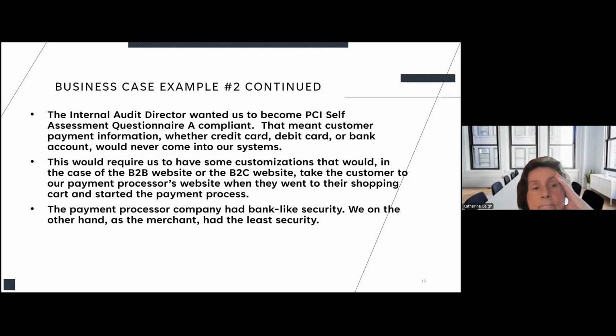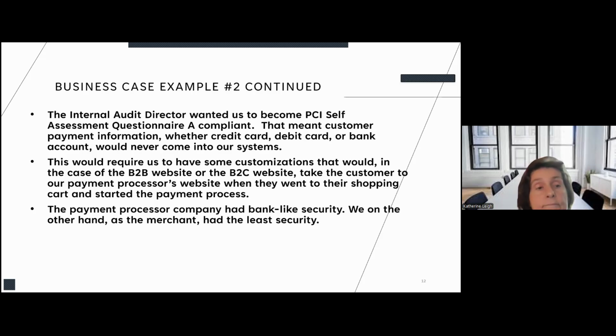But anyway, that meant that the customer payment information, whether credit card, debit card, or bank account, would never come into our systems. This would require some customizations that would, in the case of the B2B website or the B2C website, take the customer to our payment processor's website when they went to their shopping cart and started the payment process.